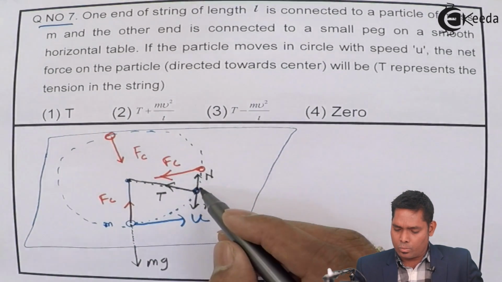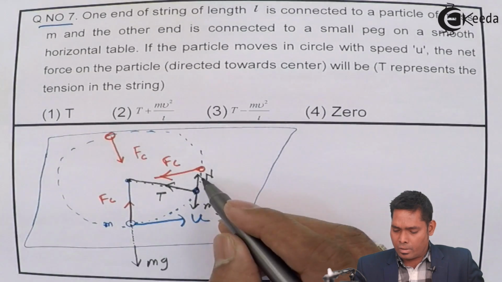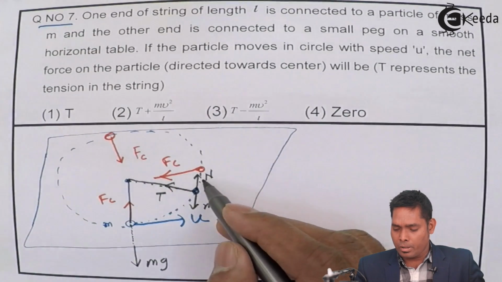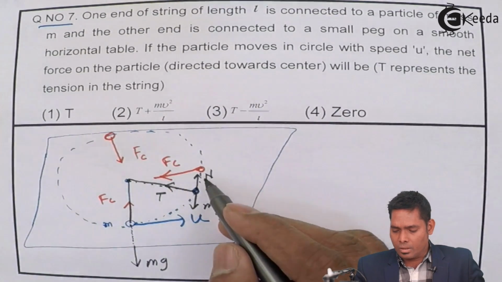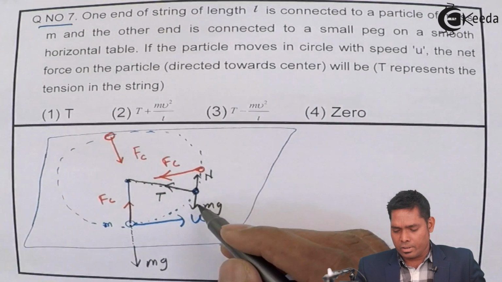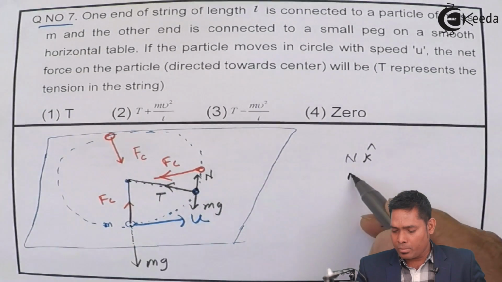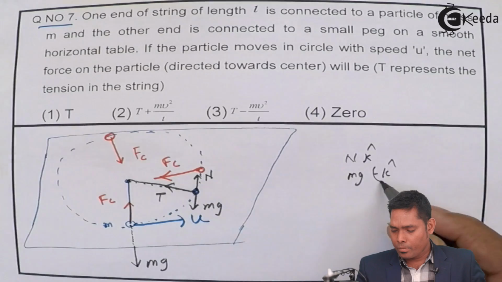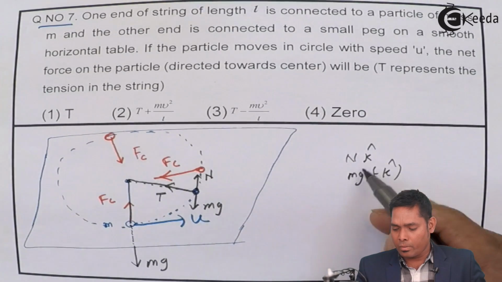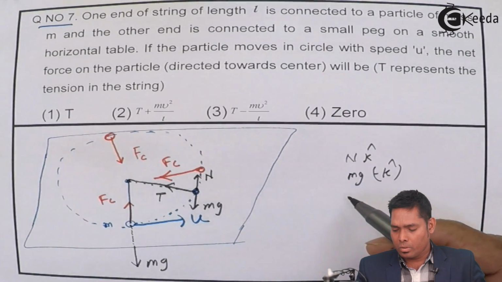So these are the forces. If this is the xy plane, then the normal reaction is along the z-axis and the weight is along the negative z-axis. So I write N k cap and mg minus k cap in terms of direction, and they are equal and opposite, so they cancel out.